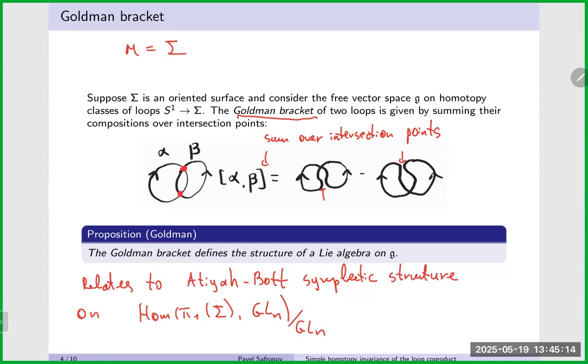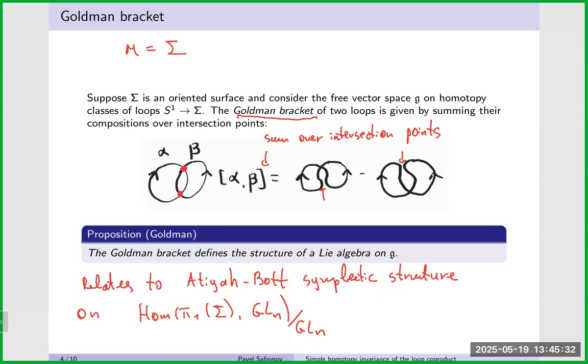If you look at representations of the surface group into GL_N, modded out by GL_N, on the smooth locus, there's a natural symplectic structure. And Goldman tried to write the corresponding Poisson structure in explicit terms.